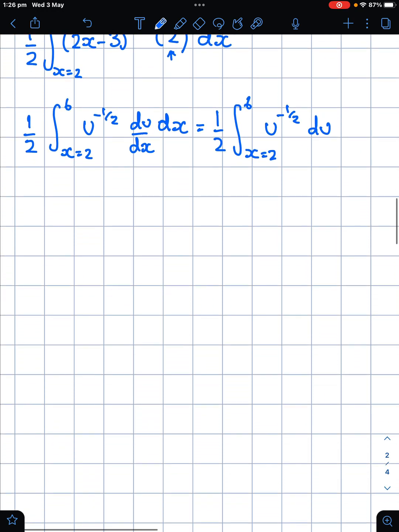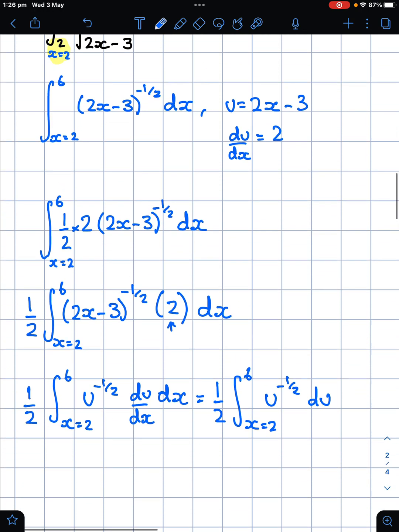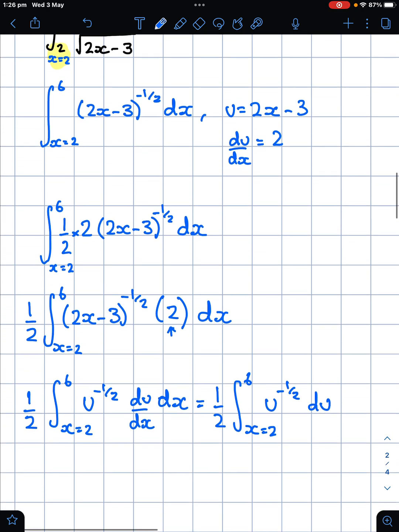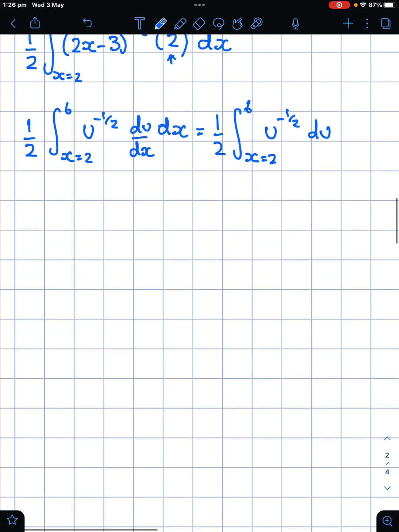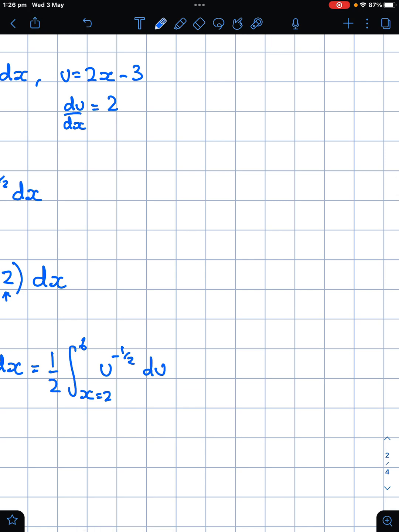The reason we're going to go two ways here is that this first step you can do pretty much the same way in both. I'm just going to bring the u back down. Just so we're aware, remember we had u equals 2x minus 3.